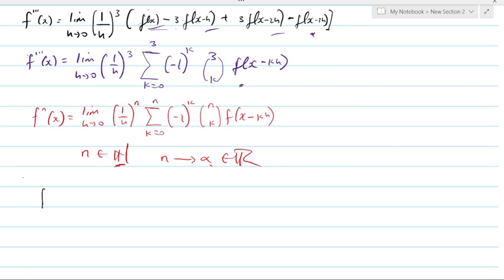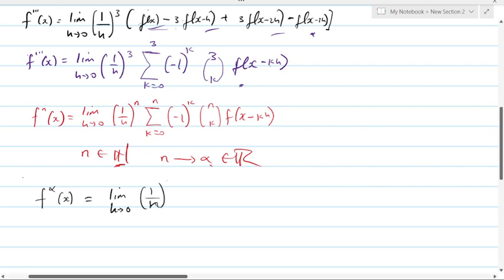So we have f alpha of x equals the limit as h tends to 0. Then we have 1 over h. Instead of n we have alpha, then your summation, we have k equals to 0.